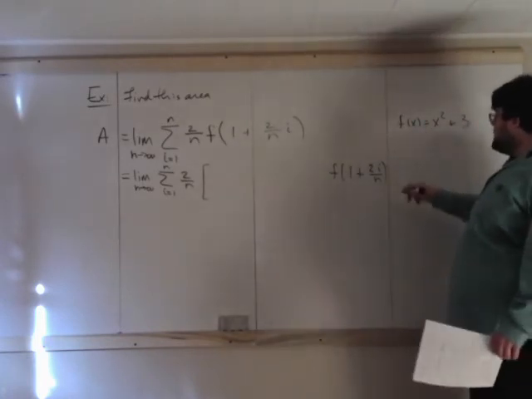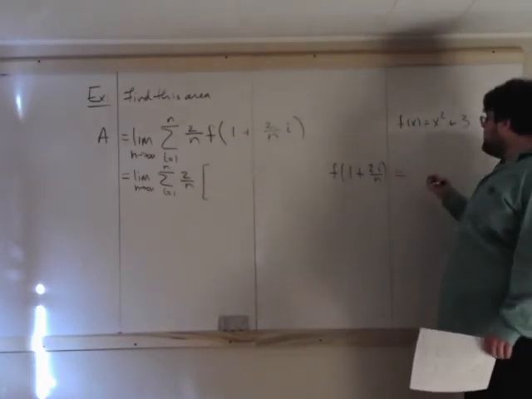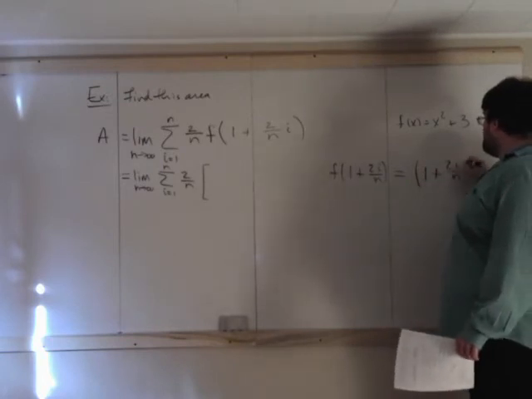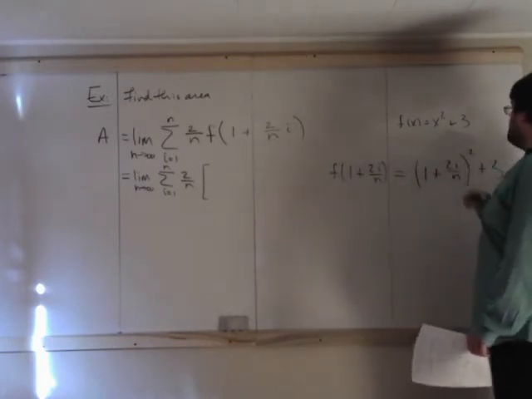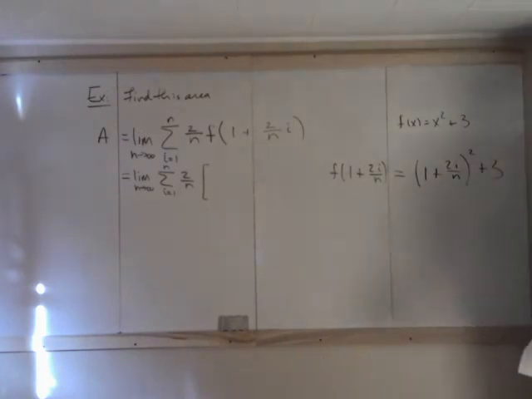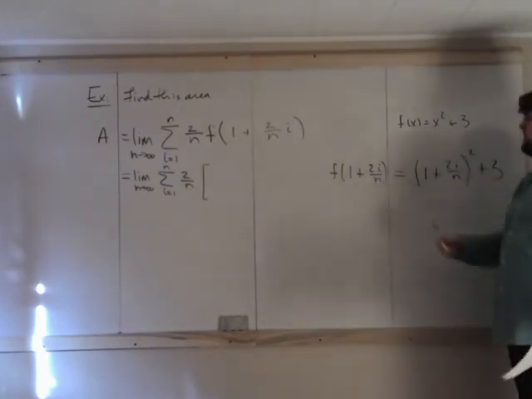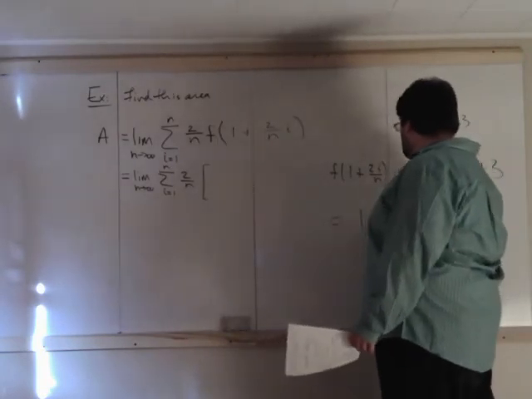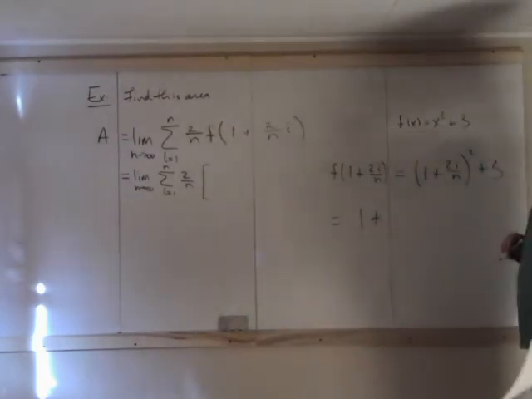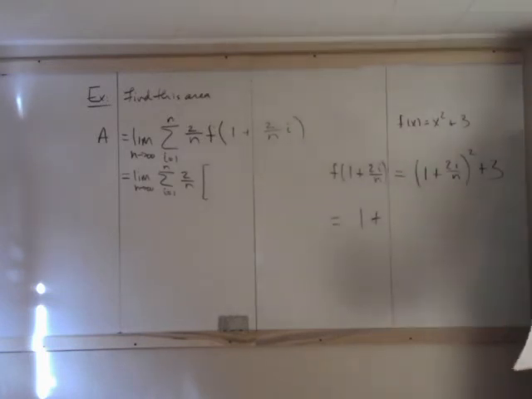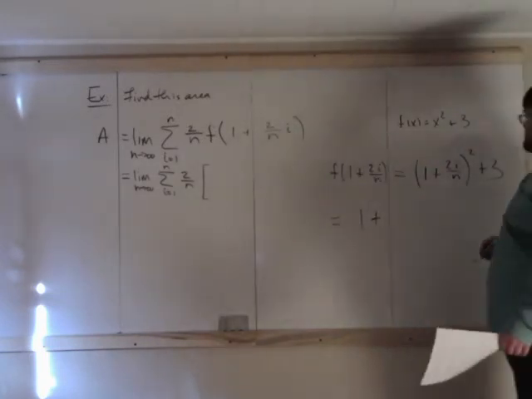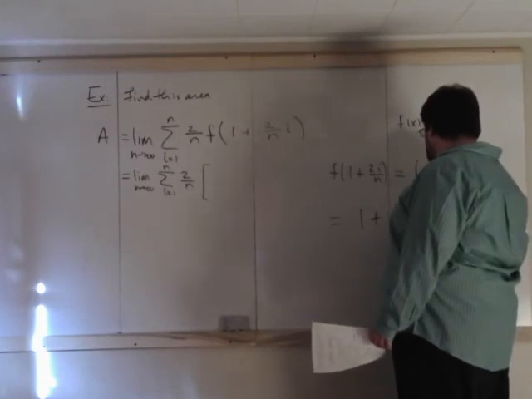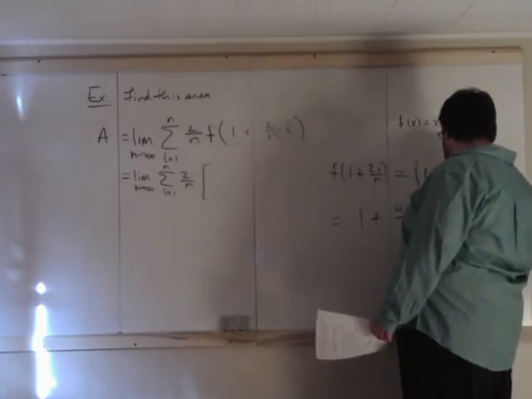If f of x is x squared plus 3, then f of 1 plus 2i over n is (1 plus 2i over n) squared plus 3. Just replace all x's with that. Well, now we just have to square that out. We use that (a plus b) squared thing: a plus b squared is a squared plus 2ab plus b squared.